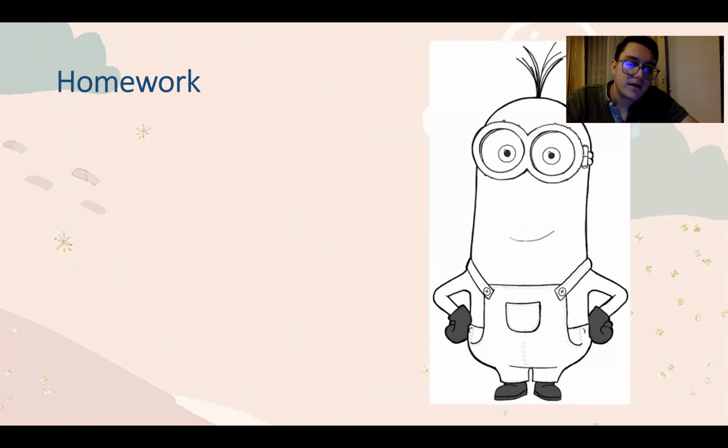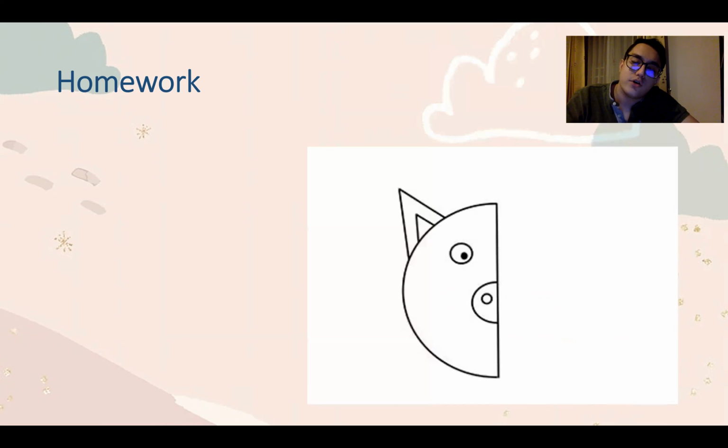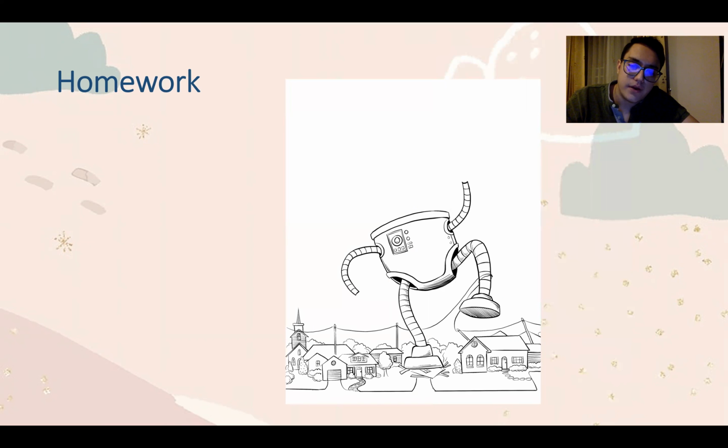Okay. So the homework, I'm giving you some pictures. You can choose at least, minimum 3 pictures, not less than 3. You have to choose 3 pictures, all right? You choose 3 pictures. After choosing 3, you color and you complete. These are the pictures. You can choose any of them that you like, all right?